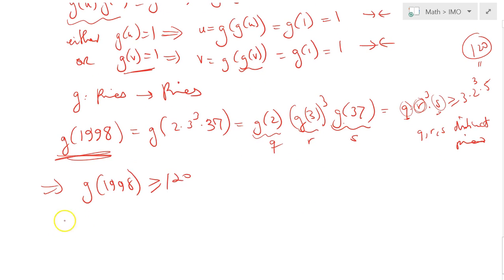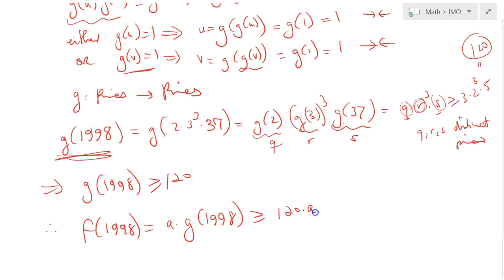And therefore f of 1998, which is simply equal to a times g of 1998, is greater than or equal to 120 times a. Knowing that a is the value of f of 1, and the function f takes positive integer values, the least that a can take is 1, so this is definitely greater than or equal to 120.